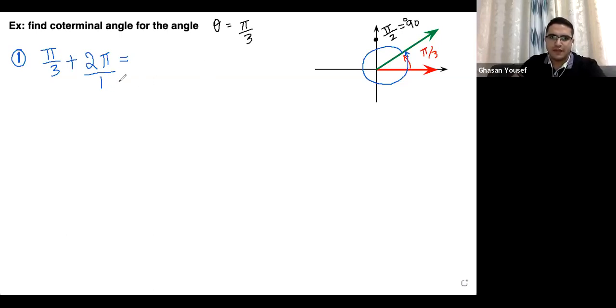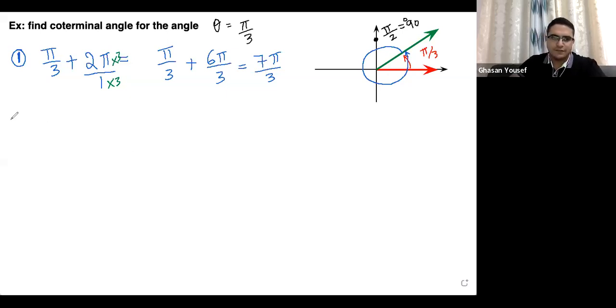So I multiply by 3, and I get pi over 3 plus 6 pi over 3. Now the denominators are equal, so I can add the numerators. 6 pi plus pi is 7 pi over 3. So this is the first angle.